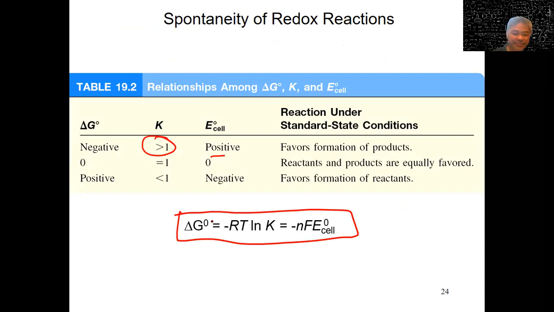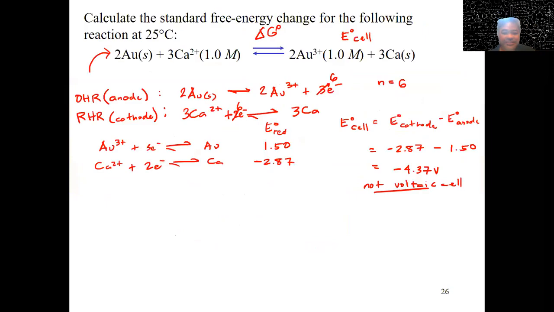So which equation are we going to use for the delta G? Delta G is equal to negative N, the Faraday constant, and the cell potential. If you have a negative E cell, you're going to have a positive delta G. So ano yung value ng delta G natin dito if we predict it?